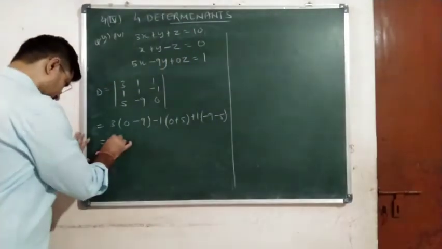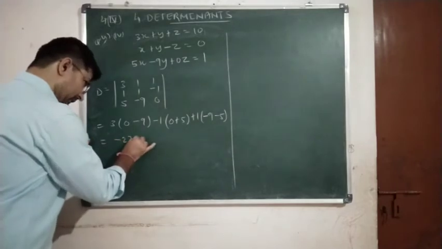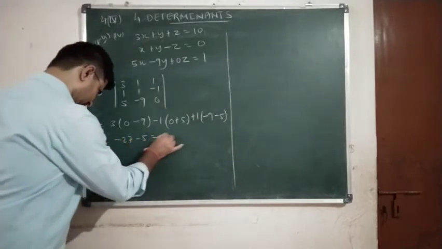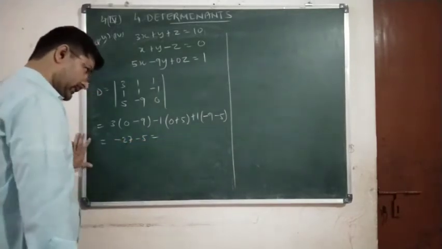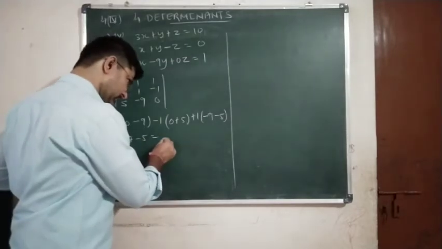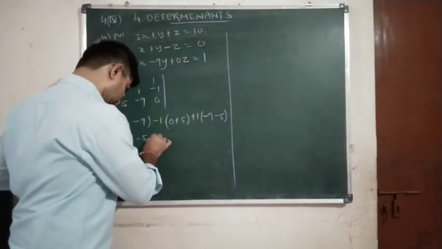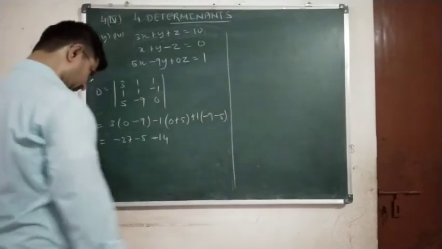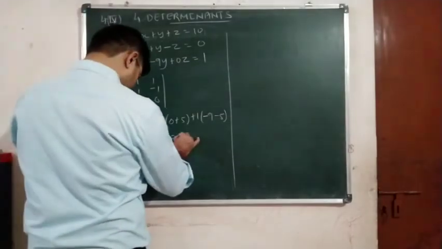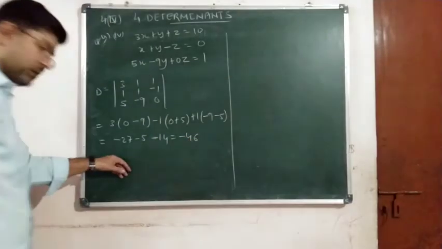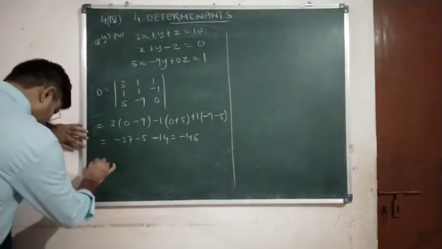Okay, so minus 27 minus 5 is minus 32, and minus 14 is minus 46. Clear? So the value of d is minus 46.